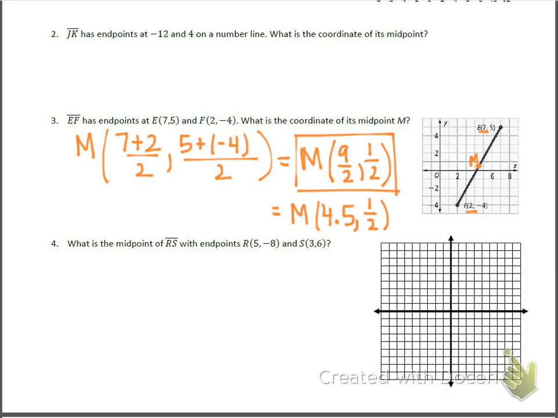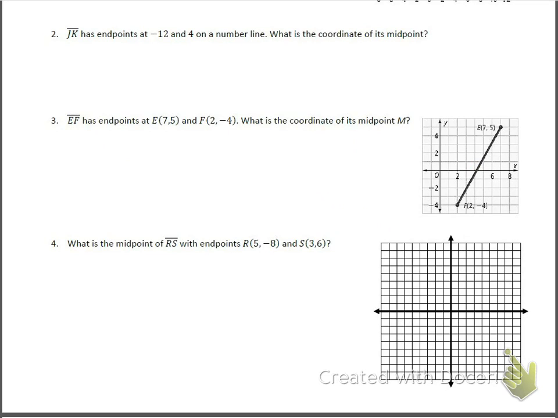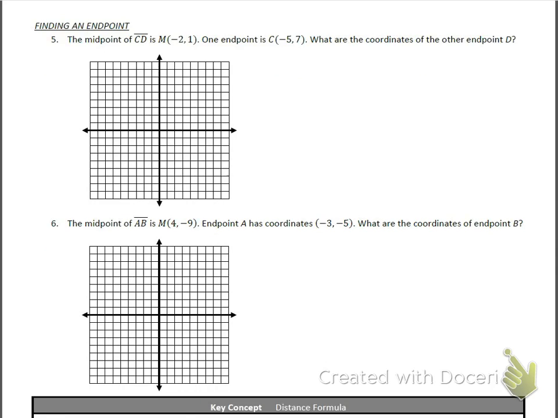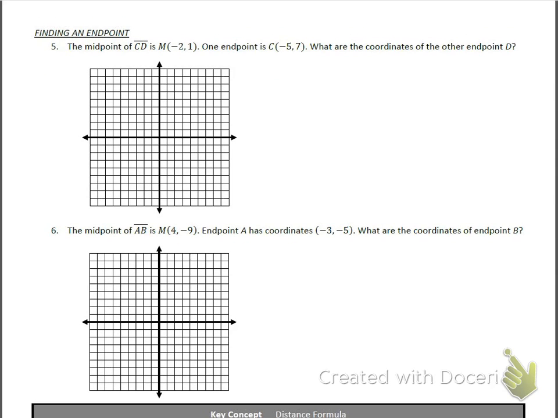Okay, one last thing. I will also sometimes give you an endpoint and the midpoint, and you have to find the other endpoint. So turn the page, and we're going to do number 5. So number 5, I tell you that the midpoint of segment CD is M (-2, 1). So I'm going to graph that.